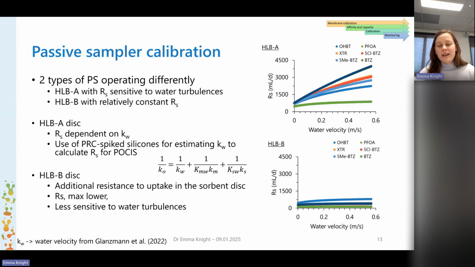So this means that HLB-A is more sensitive to water turbulence than HLB-B, which means for HLB-A we always need to use these PRC silicons for estimating that water boundary layer, whereas we don't need to do this for HLB-B because the RS max is already lower, more relative to what we found in the calibration.